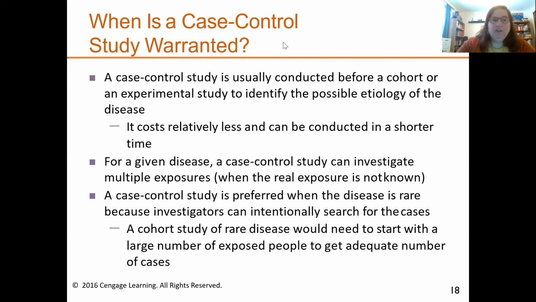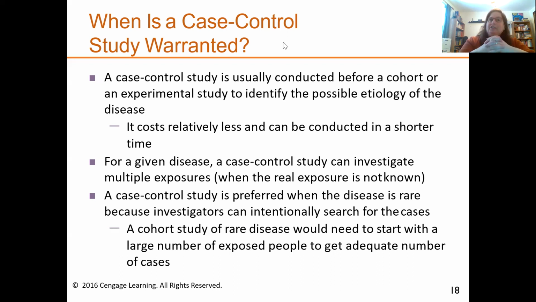A cohort study of rare disease would need to start with a large number of exposed people to get an adequate number of cases. That's why you wanted the incidence high in the cohort study, because you can get your group of exposed people at the beginning.